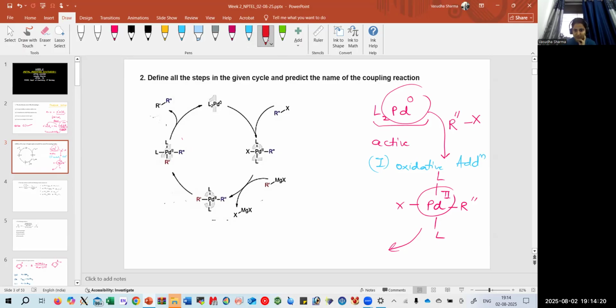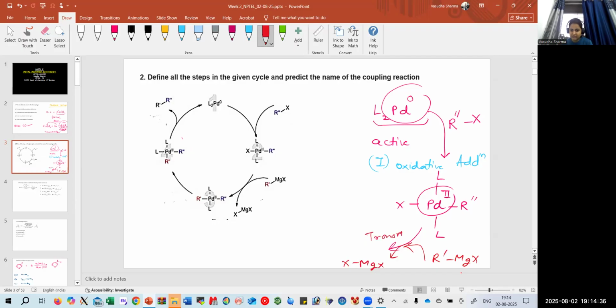Now, when you are involving R dash MgX, this is your Grignard reagent. This is your Kumada reaction basically because magnesium has been involved. Now it will undergo a transmetallation to give you XMgX. So this is your transmetallation reaction and it would end up forming palladium R double dash L and L. Now, for doing the reductive elimination, firstly, this R and R dash has to be in a cis form.